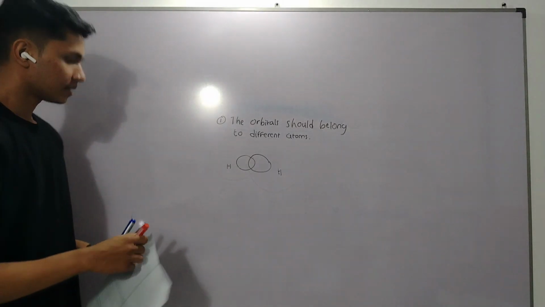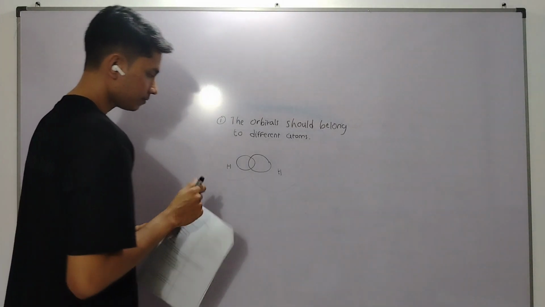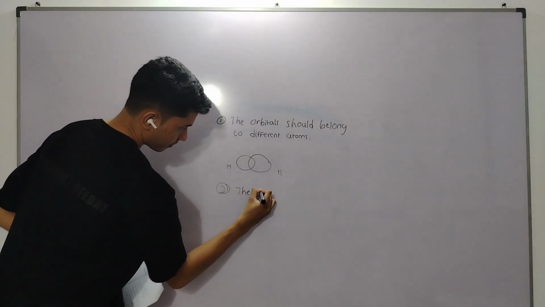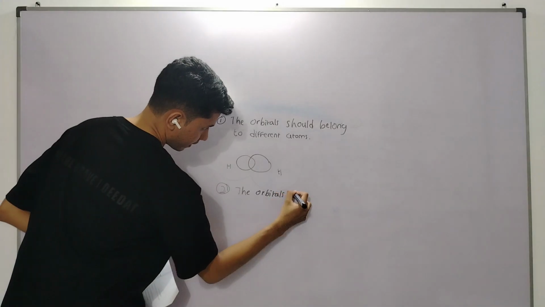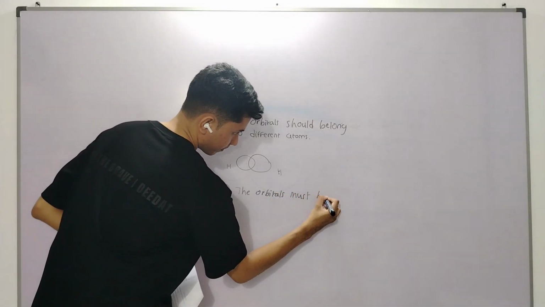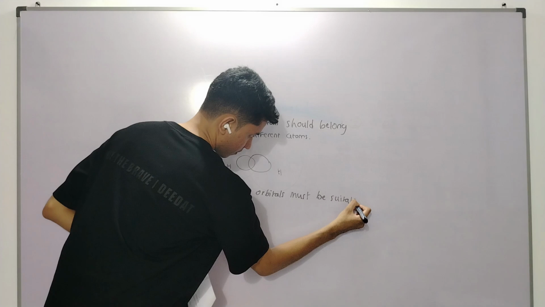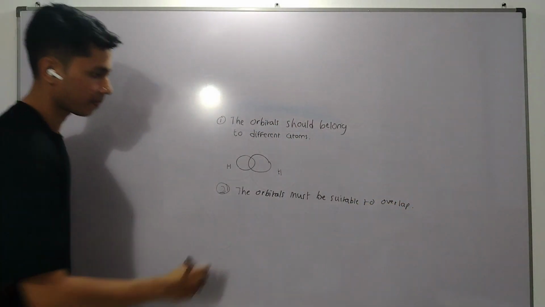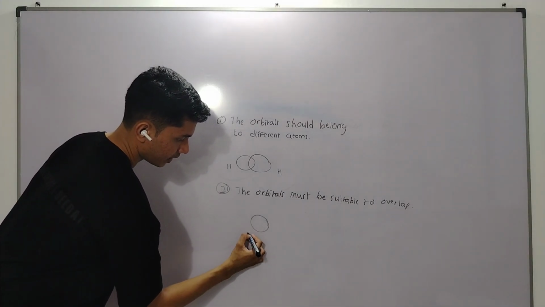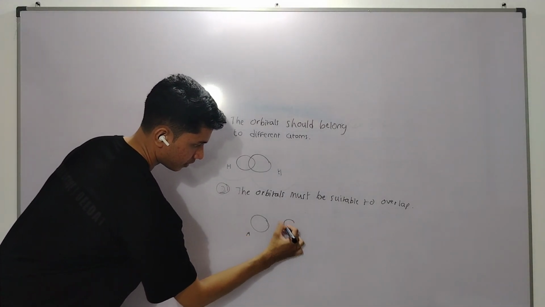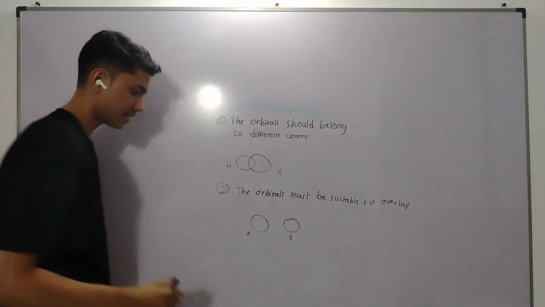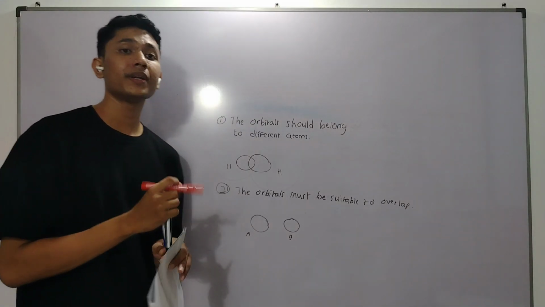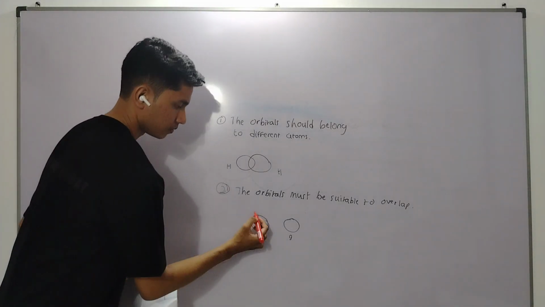The second requirement is the orbitals must be suitable to overlap. Let's say this is an orbital of atom A and this is the orbital of atom B. What does that mean?